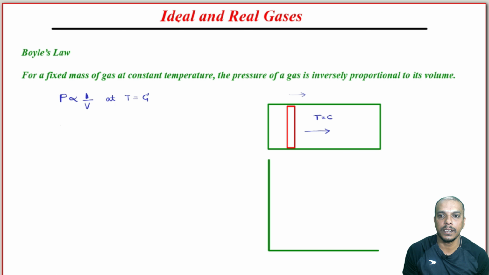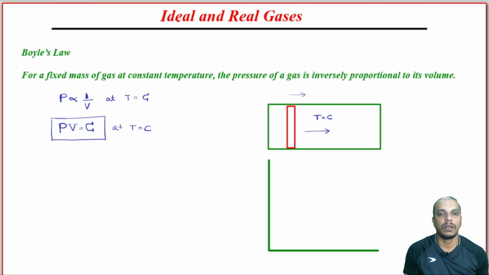Or we can also say, if you bring this volume here and remove the proportionality constant, PV is equal to constant, which is the product of absolute pressure and volume is constant for a constant temperature process.